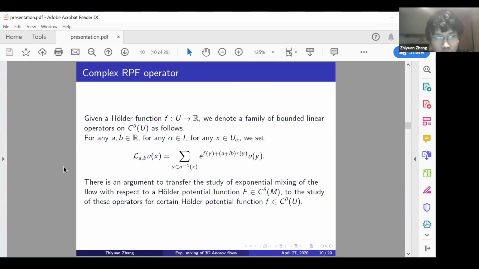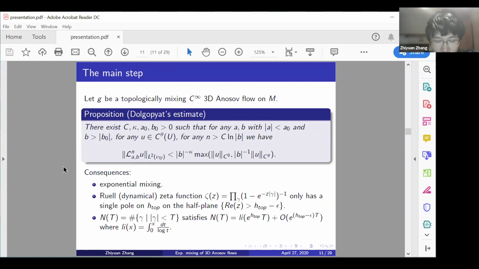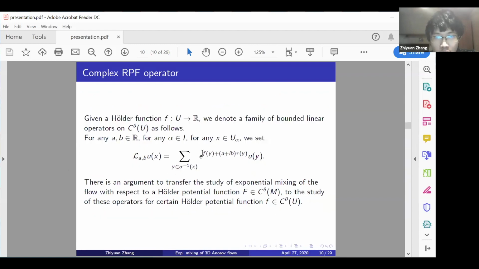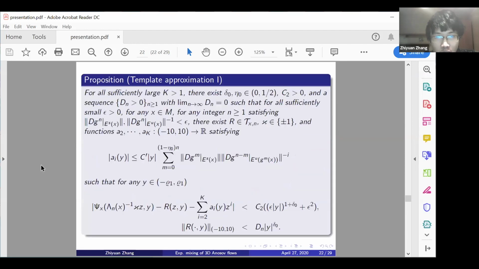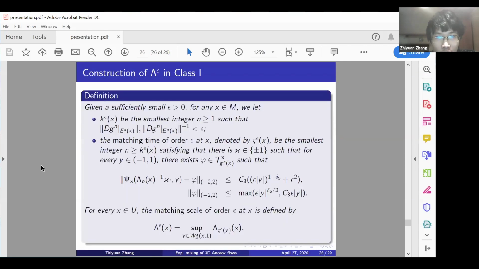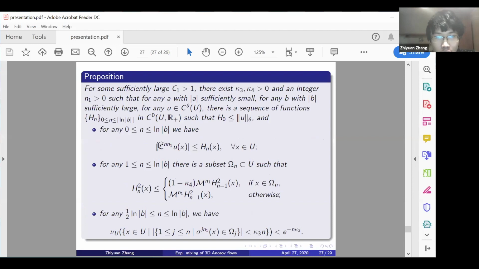In the end, L tilde is something with a smooth coefficient, but this is a smoothing trick due to Dolgopyat, to smooth away the real part. The real part is under good control; it's the complex part that is very big. So it is more convenient to consider the real part as something smooth. And you iterate this operator on this U. At each step, it will be controlled pointwise by this H_n.